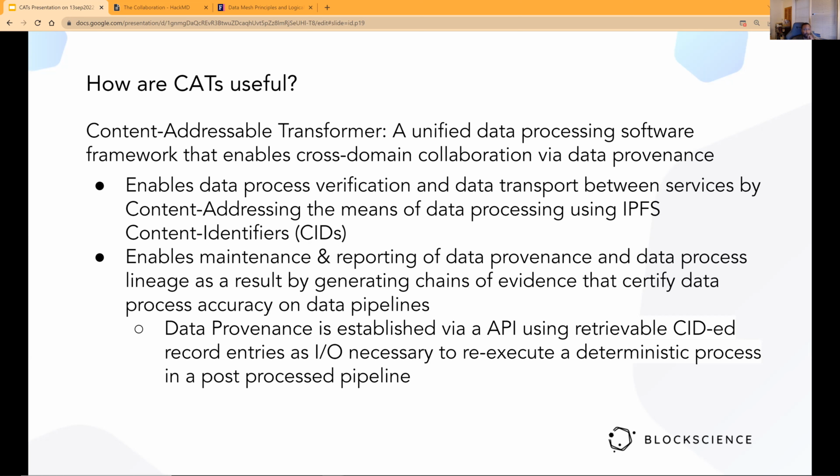It's wordy, but I had to prove provenance this way with the IO itself, because the input and output is used to re-execute a CAT. So that's a very important concept for the next slide.